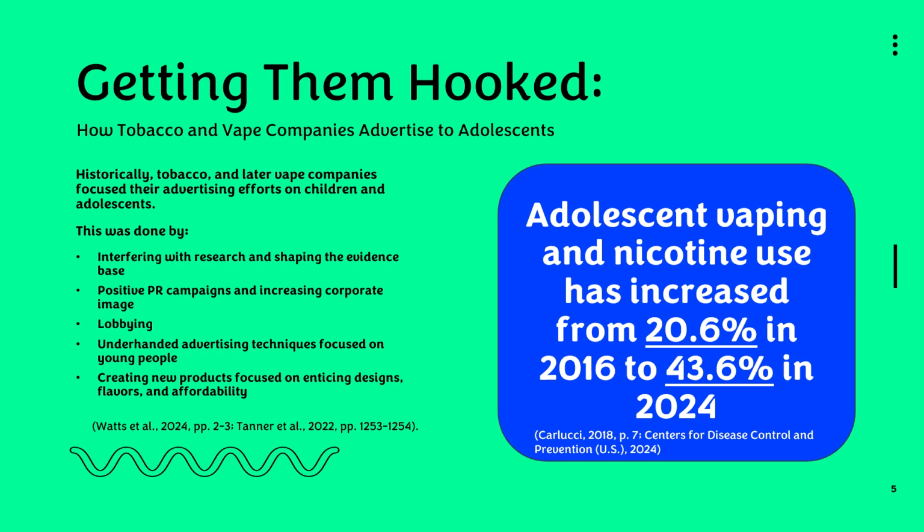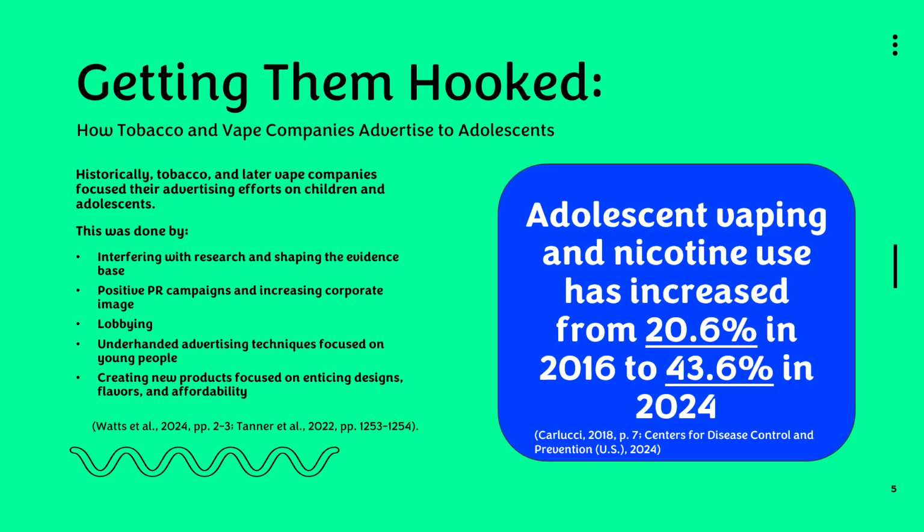All right, so now we know a little bit about adolescent development. We know a little bit about what e-cigarettes are, and now let's talk about tobacco and vape companies and how they use advertisements to get adolescents hooked on vaping and nicotine. This has historically been done since major tobacco companies were in business.